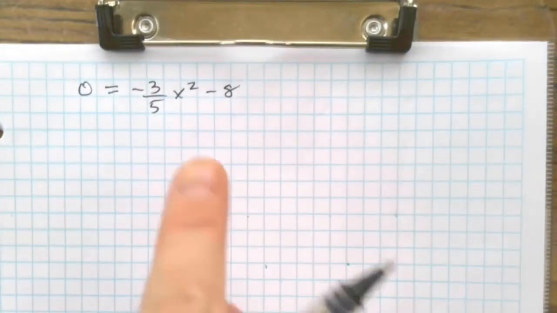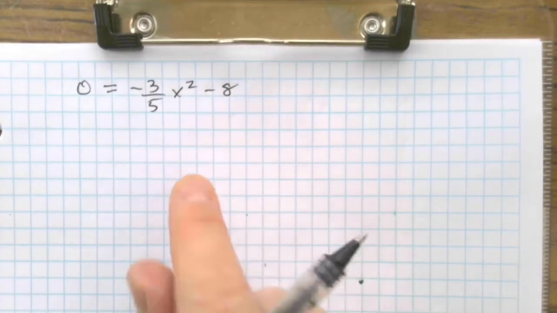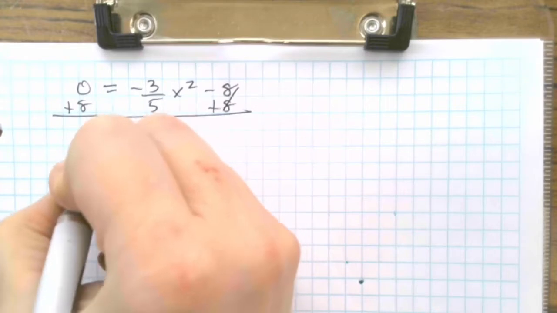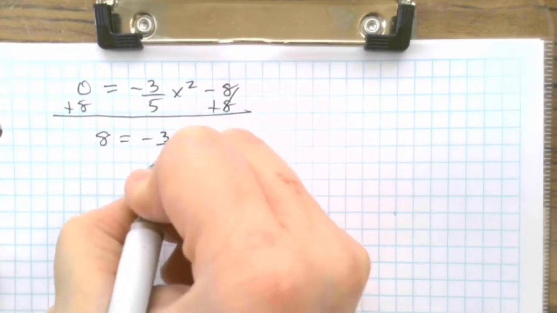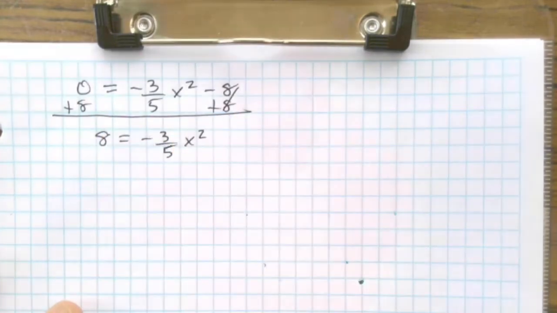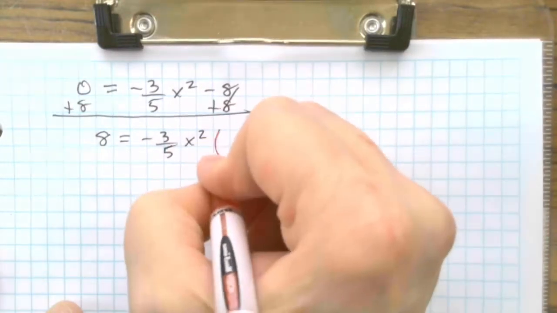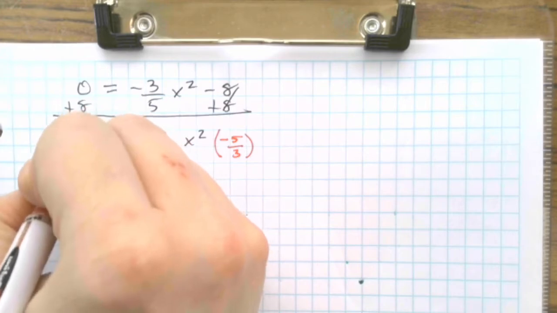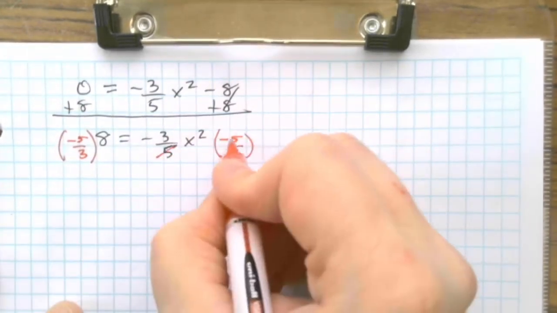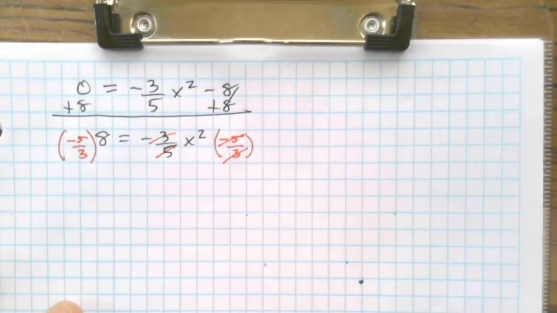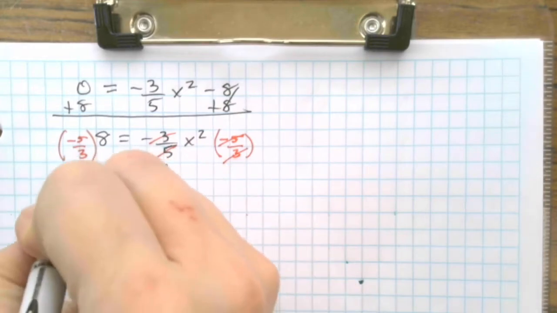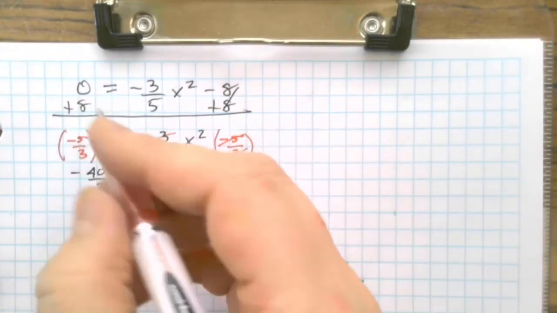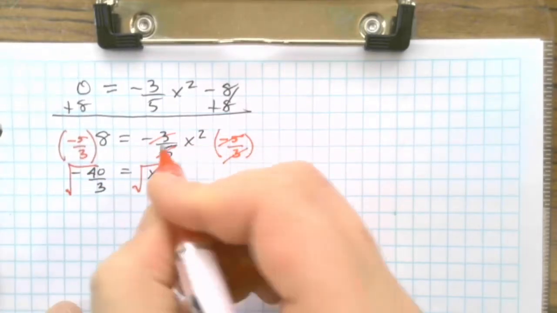And because this does not have a single x term, we can extract square roots. So I would just add 8. So 8 equals -3/5 x squared. Get rid of the -3/5 with its reciprocal, -5/3. Now we have x squared alone equaling -40/3. And then we take a square root of both sides.